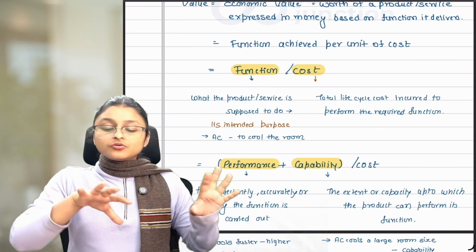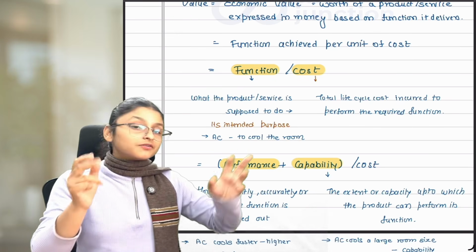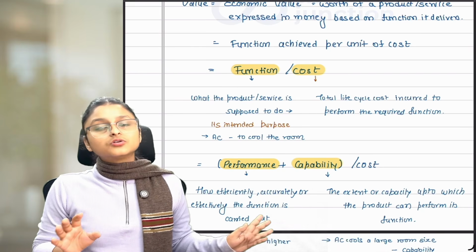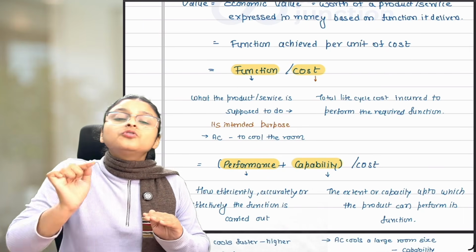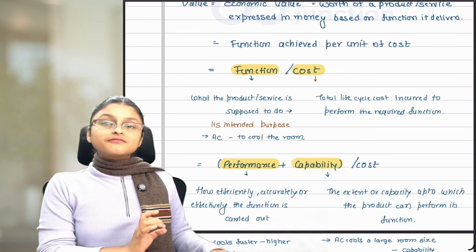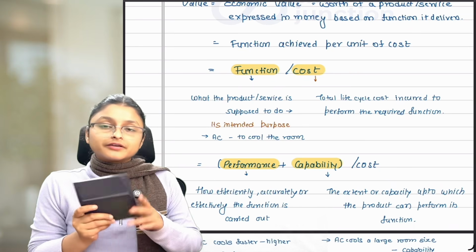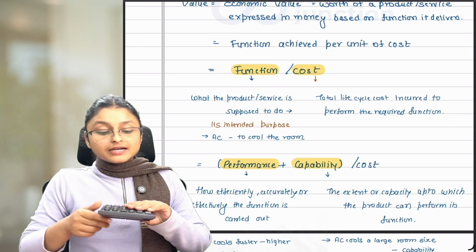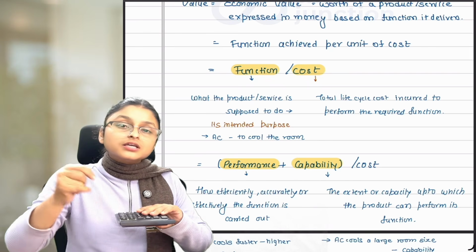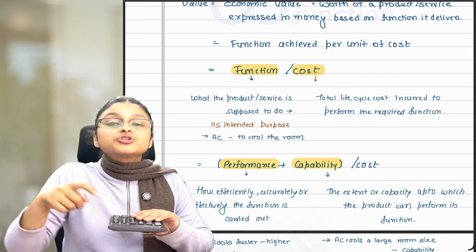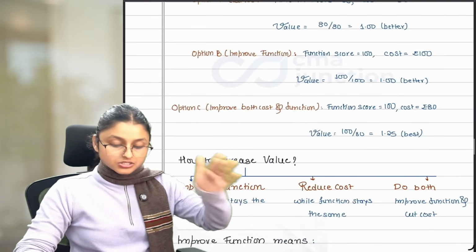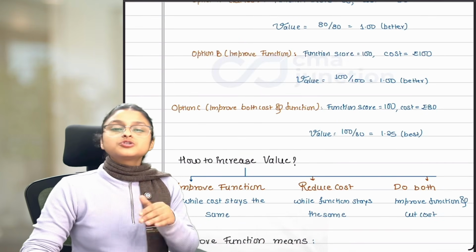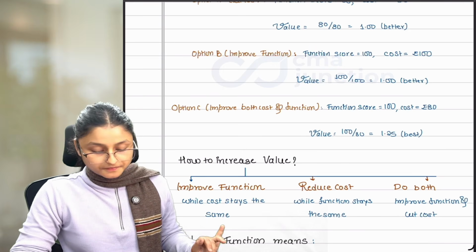That means I'm not going to give some extra feature, something different from what competitors are giving. My aim is to improve the function. That means if I'm giving a function of calculating with the help of this calculator, I'll try to improve that function only. I'll not give any extra function here. So when we are saying improving function, we are improving the same function which we are providing in our product.